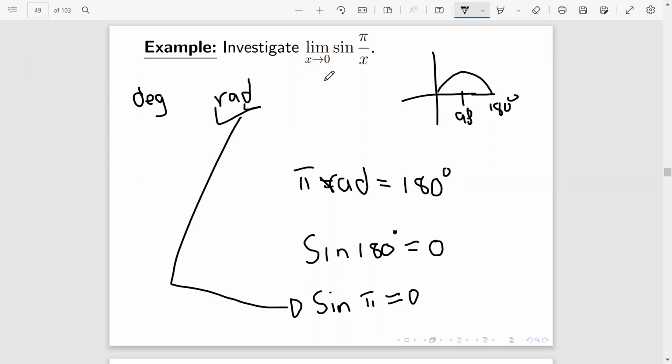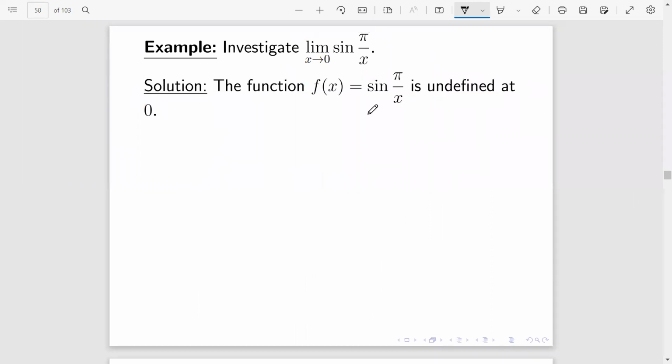So we want to investigate this limit here. Looking at this function, as you can see, it's not defined when x is 0. But remember, for limits we do not care about x being 0, we are only interested in x approaching 0.